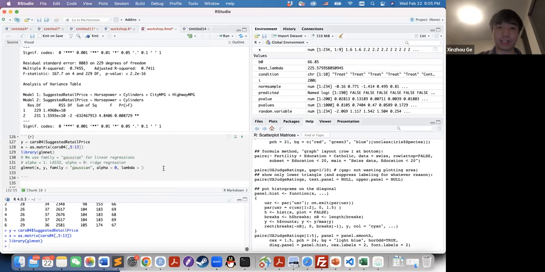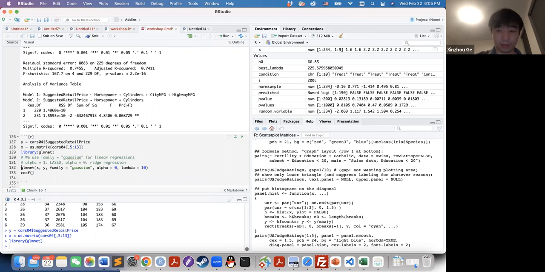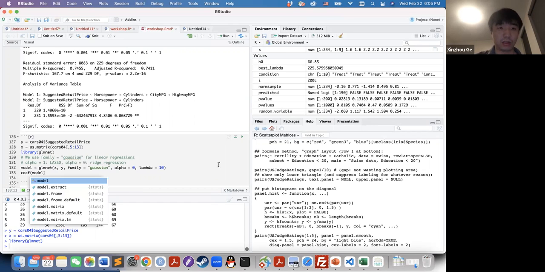So here we can try different lambdas. First I will use lambda equal to 10 and see what the results look like. And I will also use the coef function to get the coefficients. So let me make the model and use coef to calculate the model coefficients.